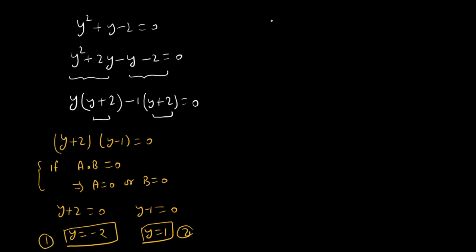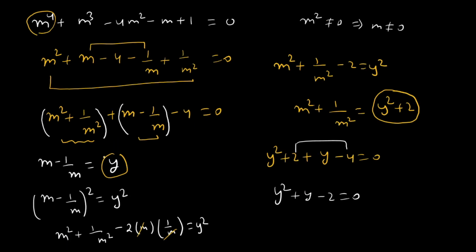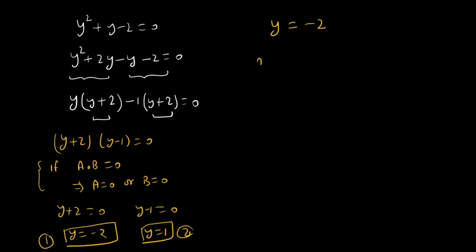Case first, y is equal to minus 2, and we know that the value of y is m minus 1 over m. So m minus 1 over m is equal to minus 2.